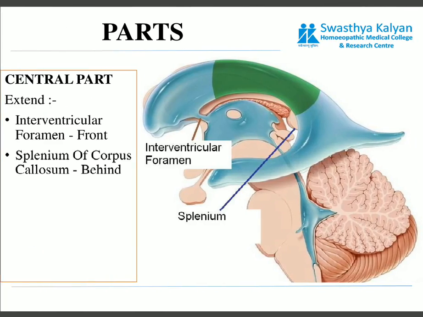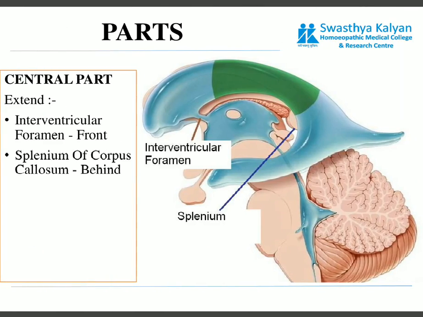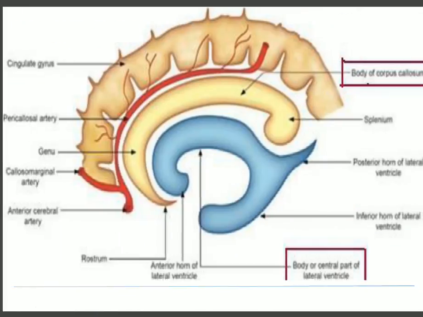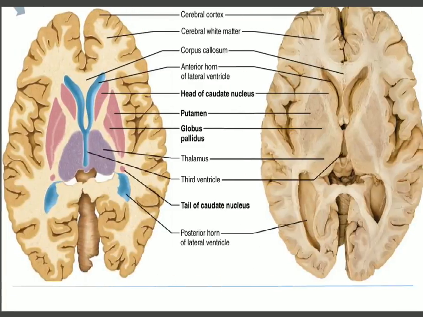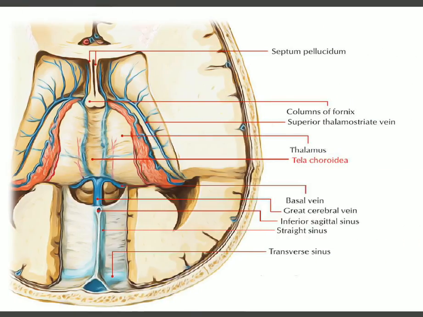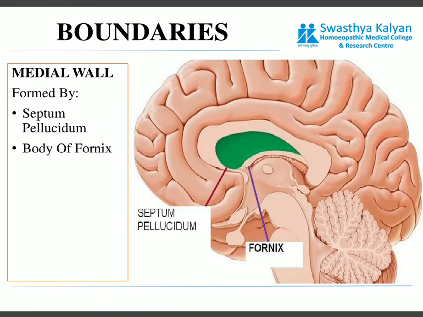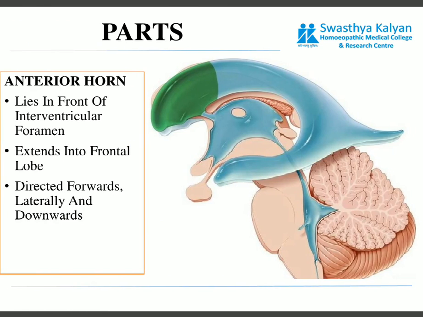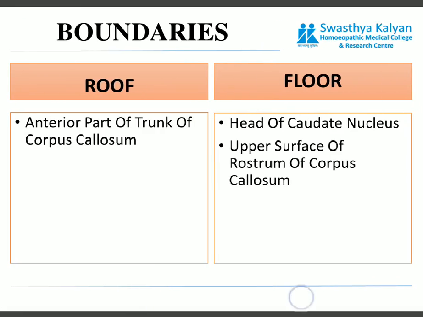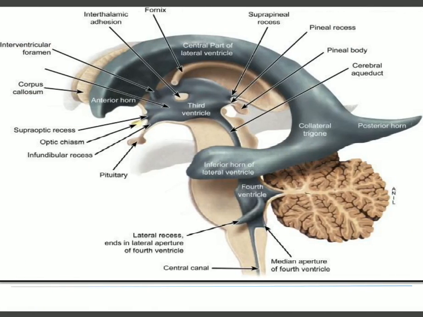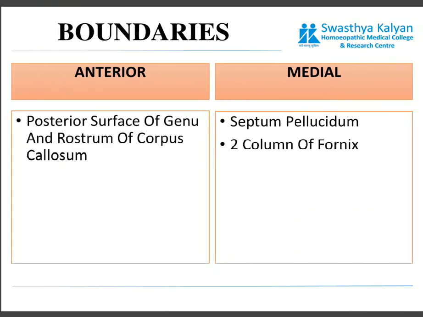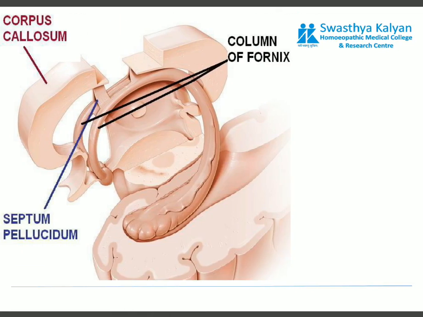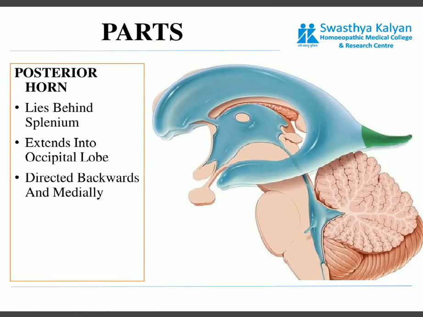We had discussed the central part in detail, that is, its various boundaries, the structures related to the central part of the lateral ventricle, structures forming its walls, floor and roof. We had discussed the anterior horn, its location, its relations, structures participating in forming its roof and floor, and its walls. Now today we will be talking about the remaining parts, that is the posterior horn and the inferior horn.